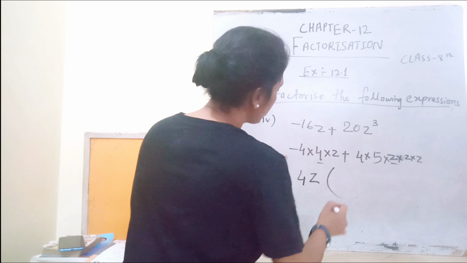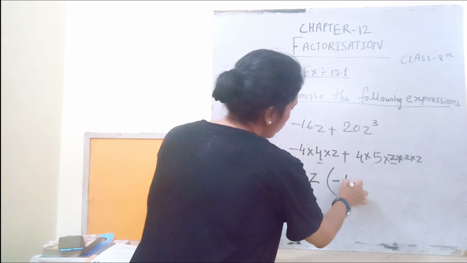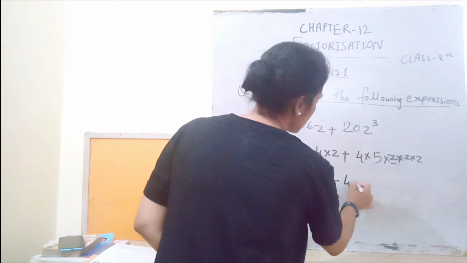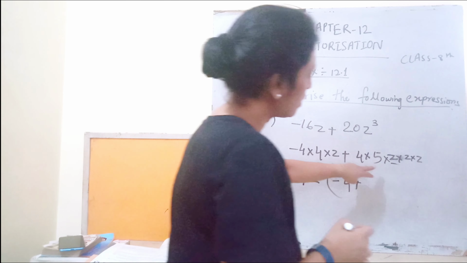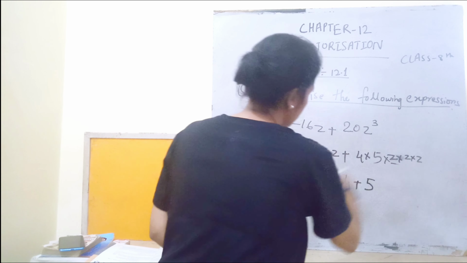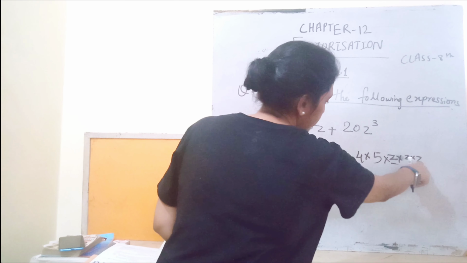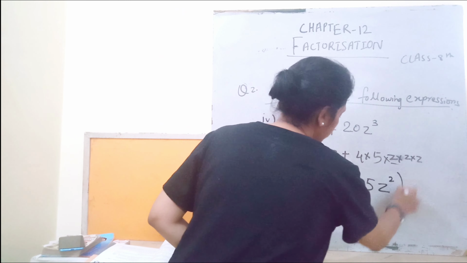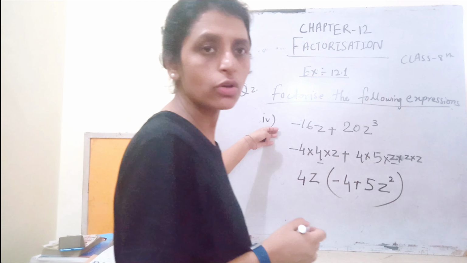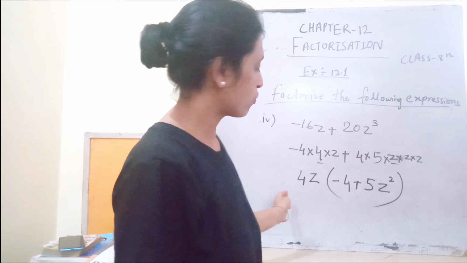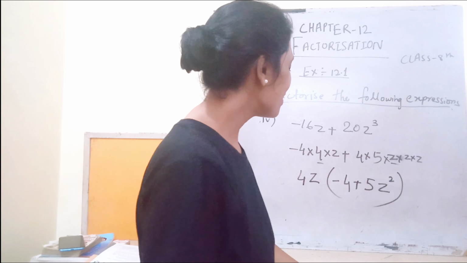In the first term we are left with minus 4. Why? Because this 4z is taken as common. Plus in the second term we are left with 5, and 1 z is taken as common, so we are left with 2 z's, and z into z is z square. So the factorization of minus 16z plus 20z cube is 4z multiplied by minus 4 plus 5z square.